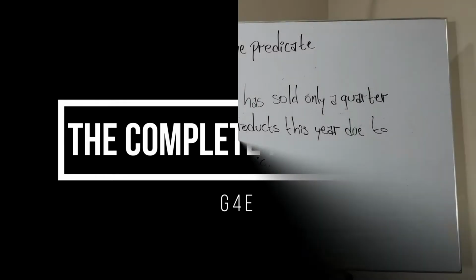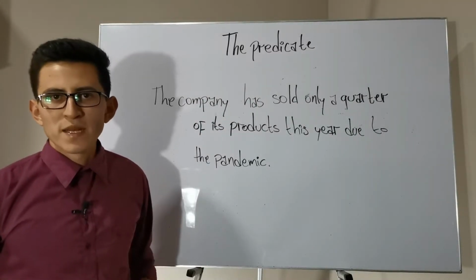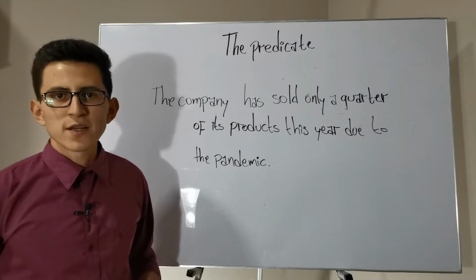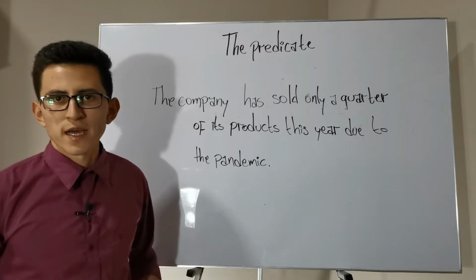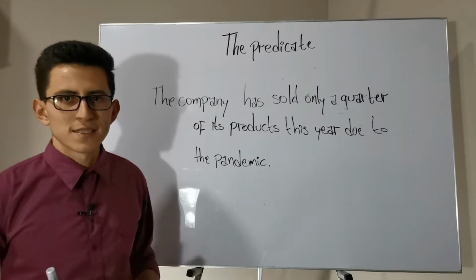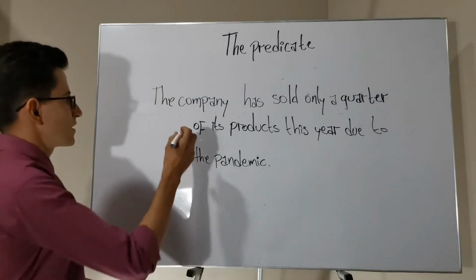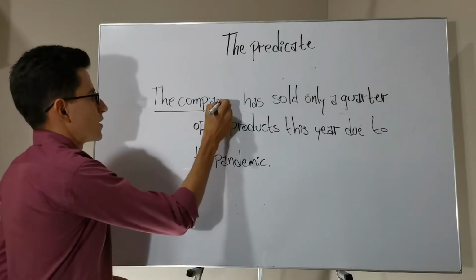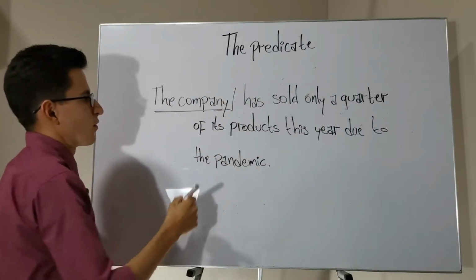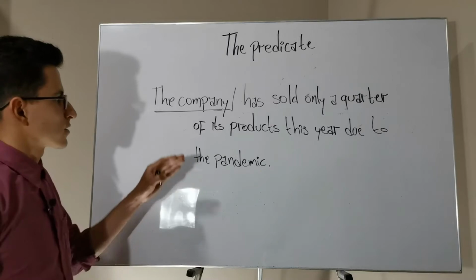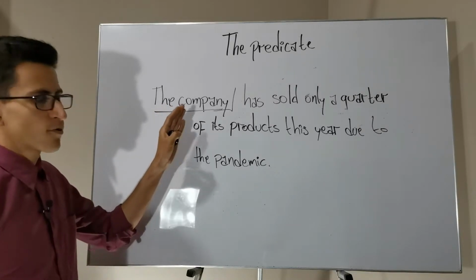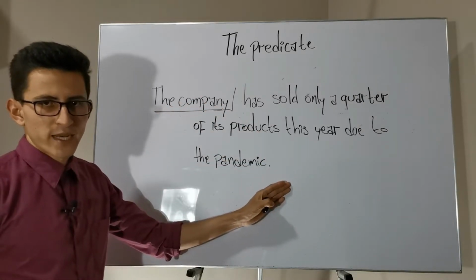Now, let's move to the complete predicate. When we say complete predicate, we are including all the words that are not part of the subject. In this example, the subject is the company. So, all the words that are not part of the subject will be the complete predicate.